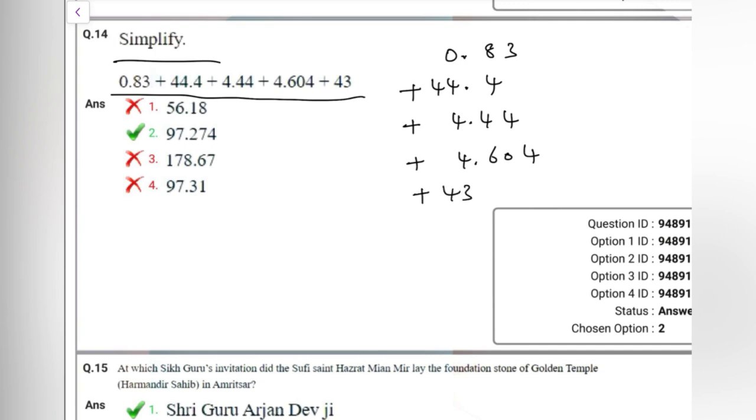Here it can be taken as 0 here. And here 0, 0, 0. So after adding it will become 97.274, which is option number 2.